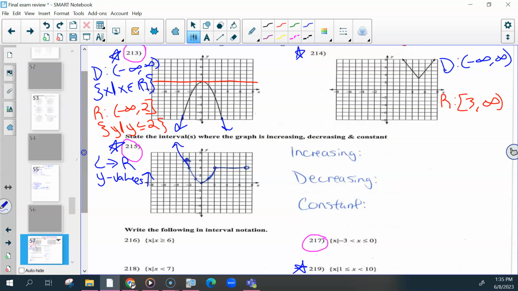But if I keep going to the left, my y values start to go down here. They start to go back up here, to 0, 4. It would be 0, but then x values to 2.